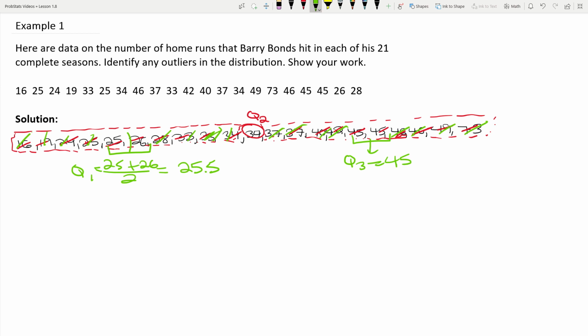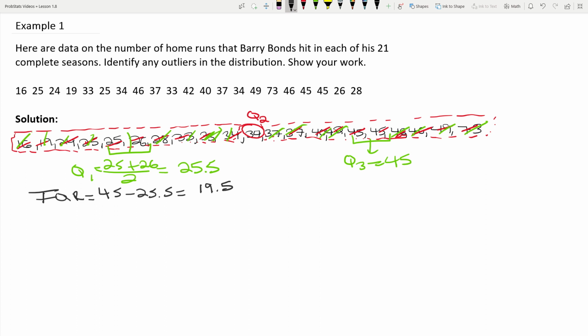All right, so now that we got our quartiles, we can find the interquartile range. So it's 45 minus 25.5, which in this case is 19.5. Now for our outliers.